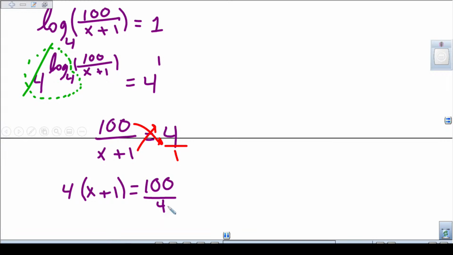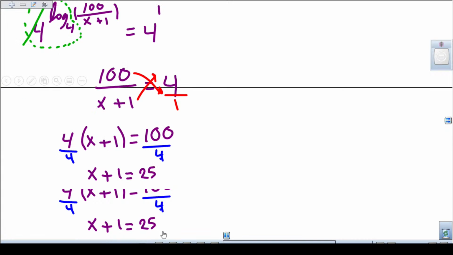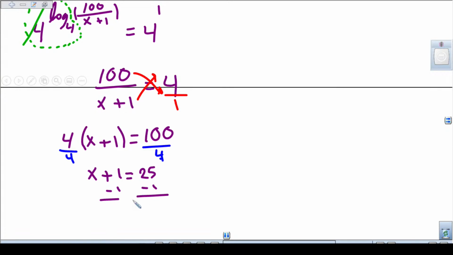That's going to give me x plus 1 equals 25. And then I just have to subtract 1 from both sides. That's going to give me x equals 24.